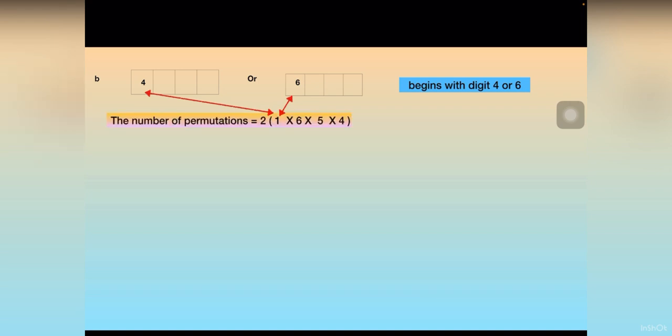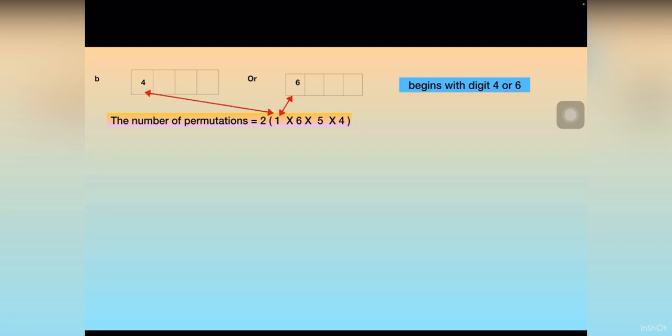B begins with digit 4 or digit 6. Okay, we have to form a 4-digit number. This is the first box. It's already fixed. If it is fixed to 4 or 6, we have 1 choice here, and the rest are all the same.